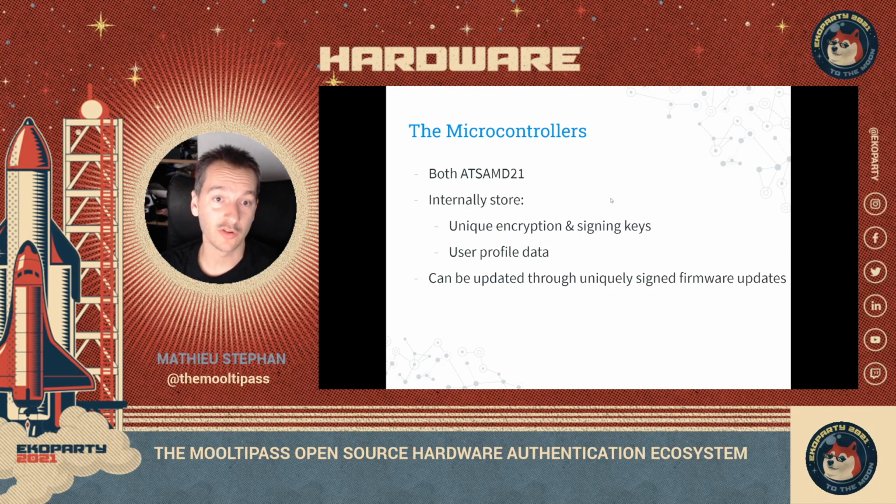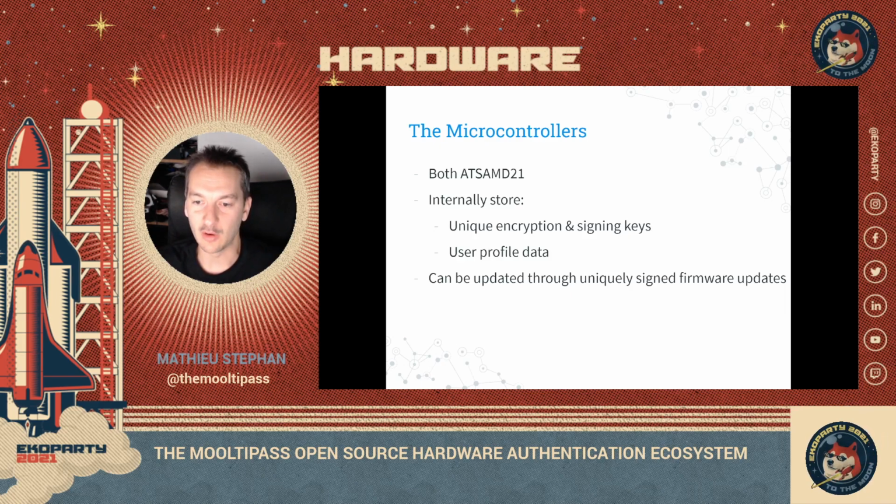Microcontrollers are both Microchip ATSAMD21. They store the user profile data. What I mean by that is that whenever you insert your own smart card that authenticates you, the microcontroller needs to recognize it is you, so there is some profile data that is stored internally inside the secure microcontroller. And we also store unique encryption and signing keys. So each Multipass device has unique encryption keys.